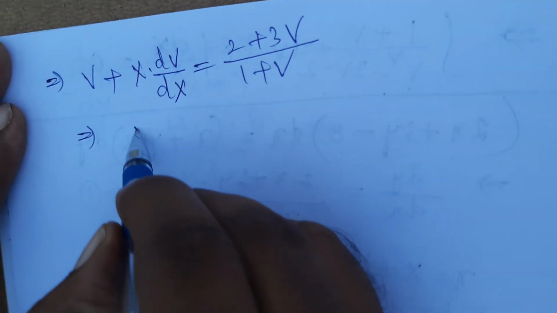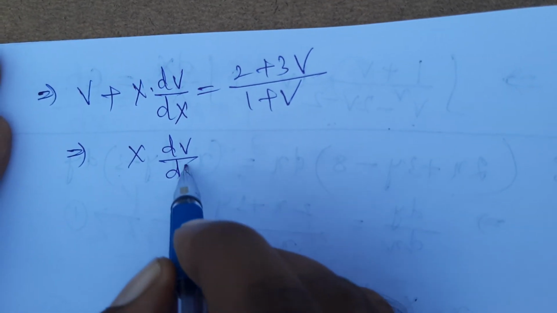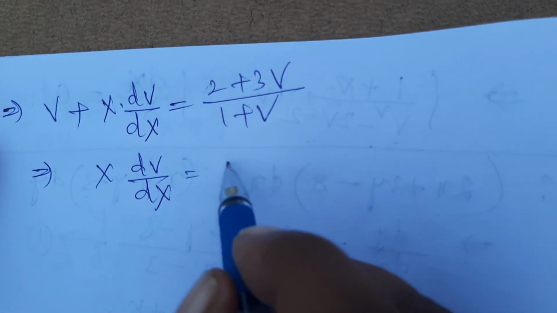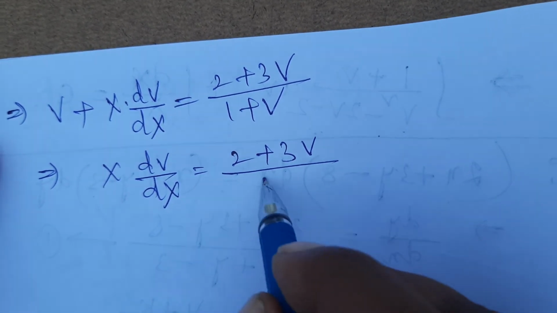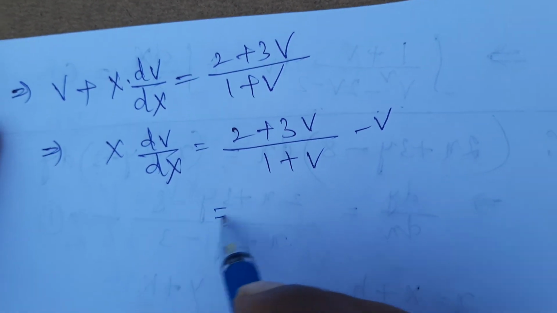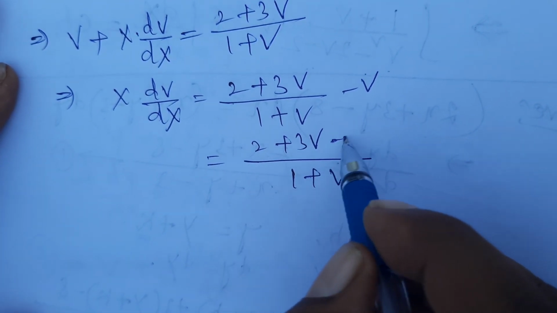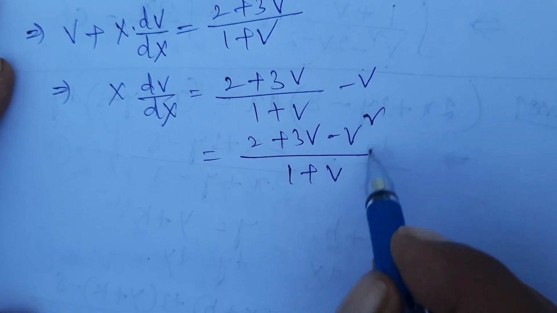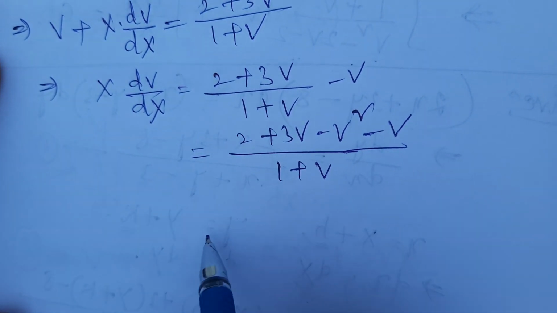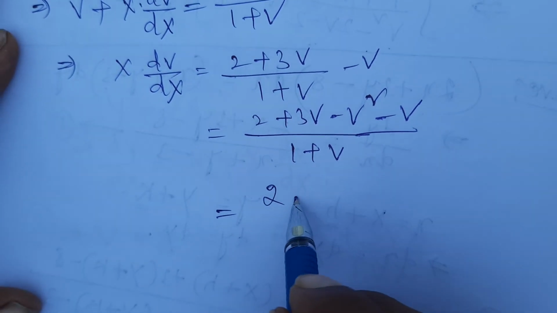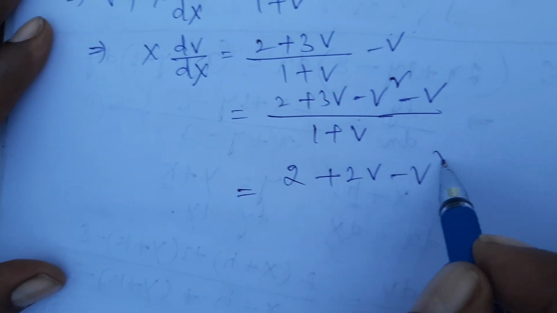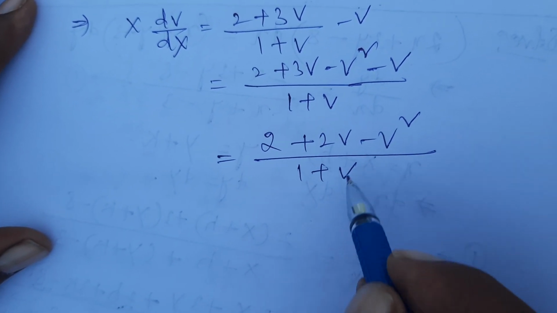Now x dv/dx equals, bringing this v to this side, (2 + 3v)/(1 + v) minus v. Taking the LCM 1 + v, 2 + 3v minus v square minus v, which equals (2 + 2v minus v square)/(1 + v).